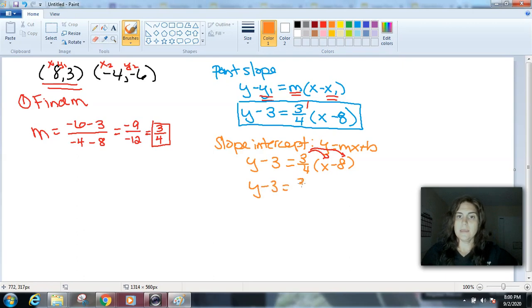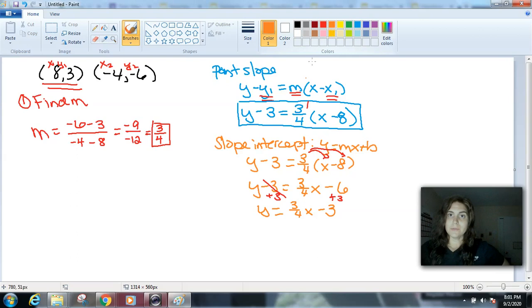So now it's y minus 3 equals 3/4 x minus 3/4 times 8. 4 goes into 8 twice, times 3 is 6. So 3/4 x minus 6. And then I just bring that -3 over by adding it. If you need to see what I just did, I added the 3 to get rid of that. And now I have my slope-intercept form.